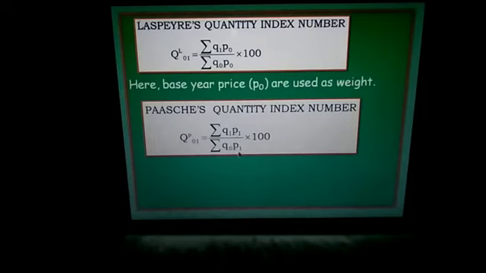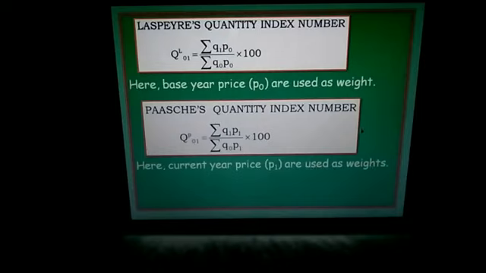Look at the cursor, price has to be applied as the weight. But since it is purchase, current year price has to be applied as the weight, multiplied by 100 as usual to express in terms of percentage. So here current year price P1 is used as the weight.